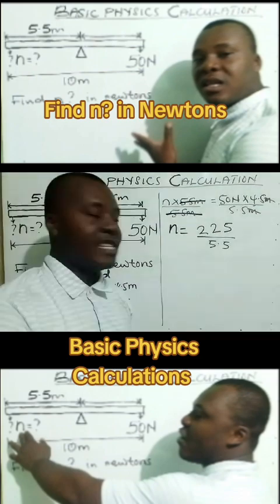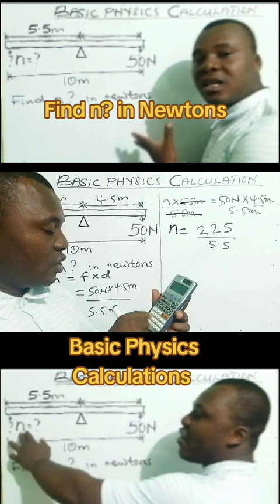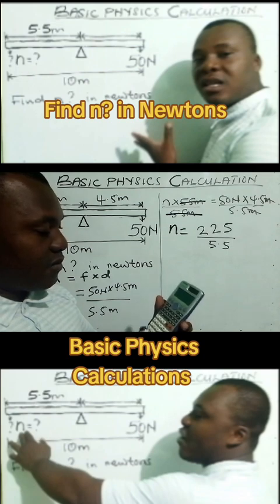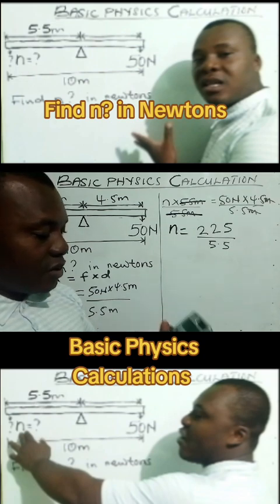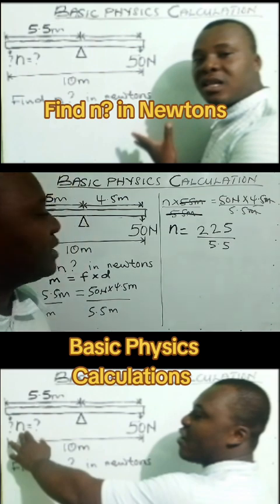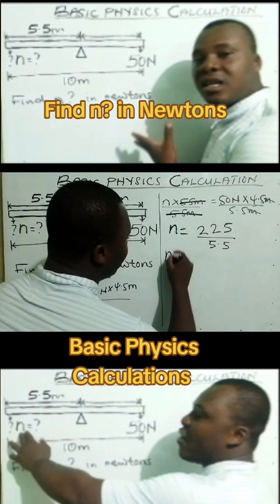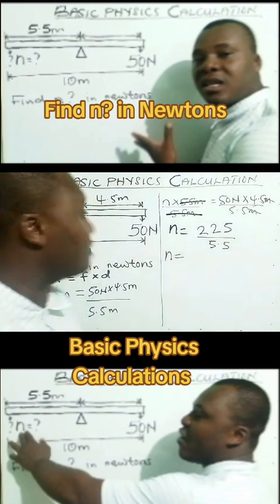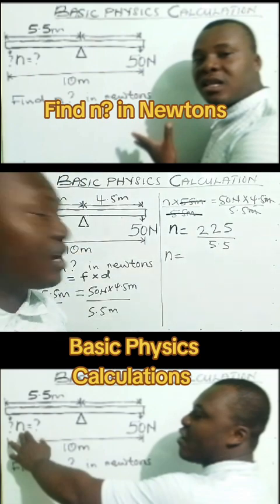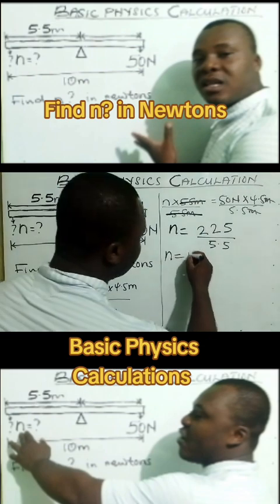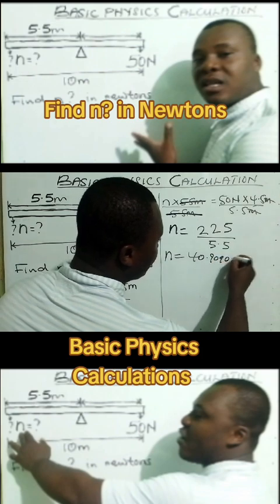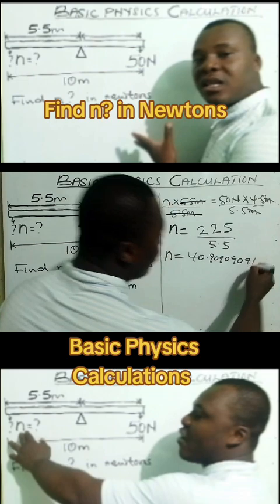Now, let's do it with the calculator. We have 225 divided by 5.5, which the answer will be 40 point something. So we are going to have n. Now, there are so many decimals. We have to bring them so that it can help us get an equal value. So we have 40.90909091.